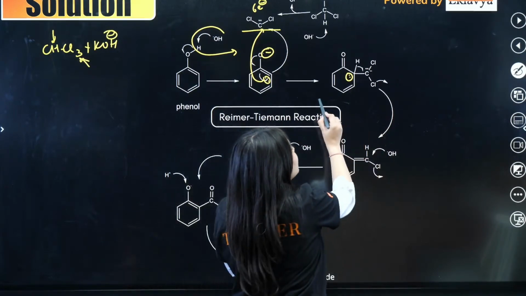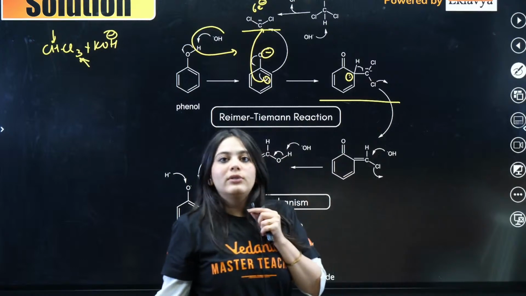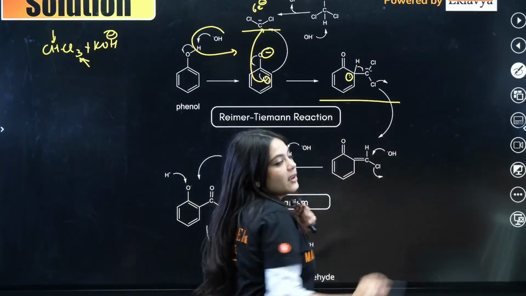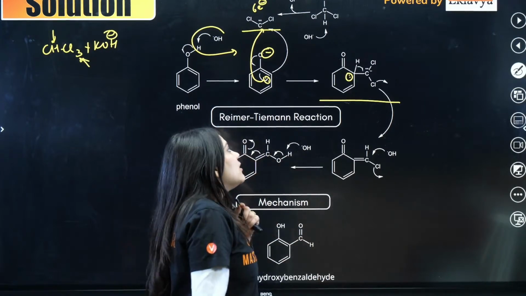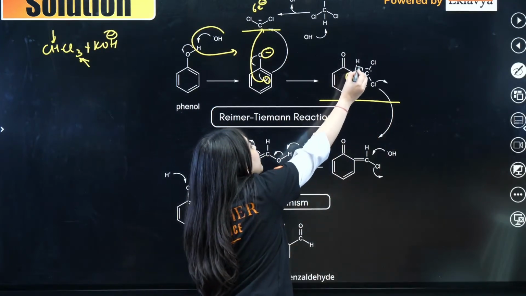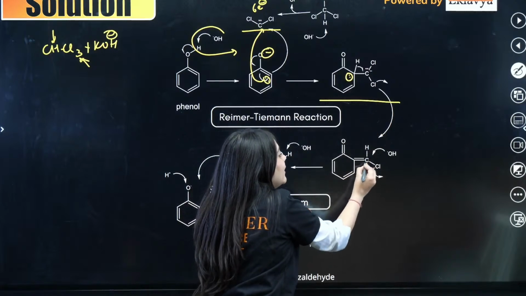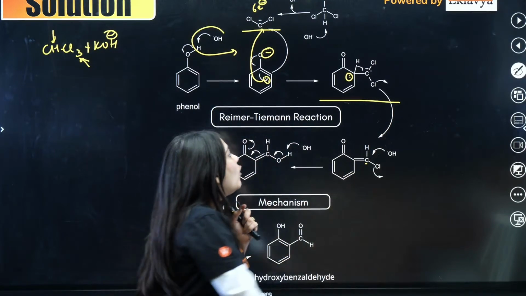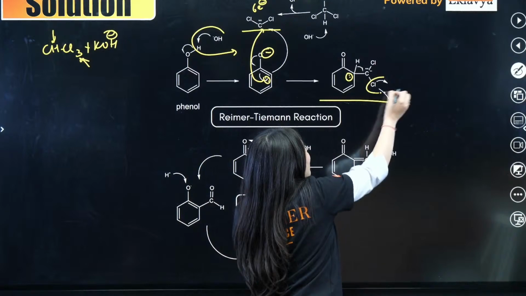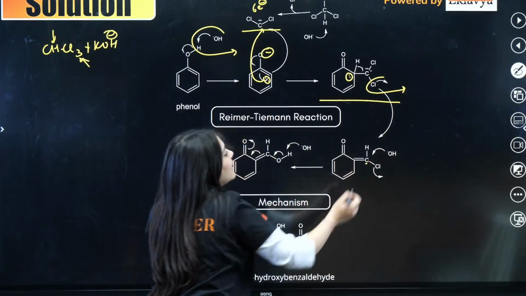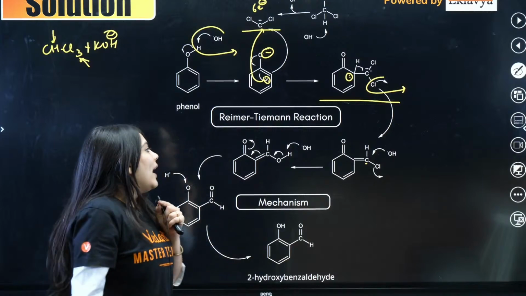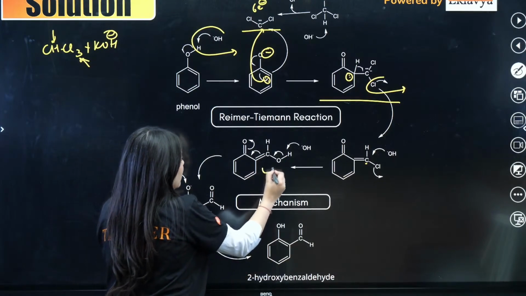Now the next intermediate that is formed looks like this. This is the intermediate, right? So please focus on the mechanism of this reaction. Now what will happen? The hydrogen from here goes to this carbon atom, and once again one chlorine leaves. Now the next step is, the OH negative would attack on this, and this kind of structure would be formed.